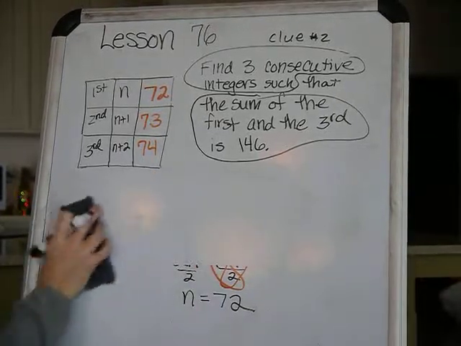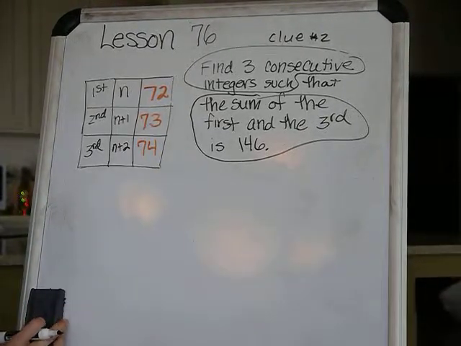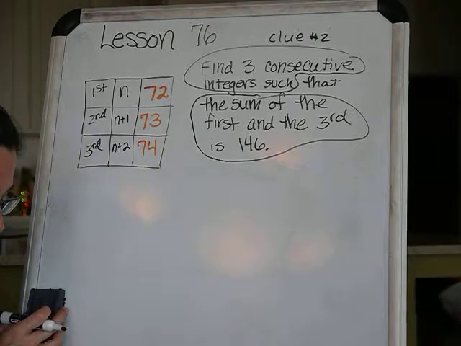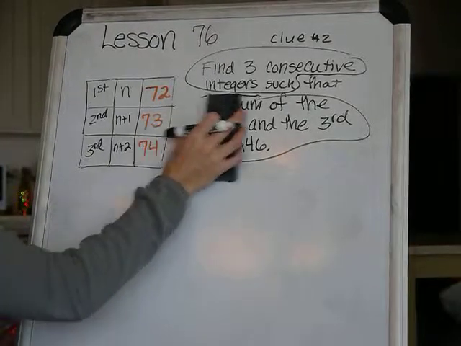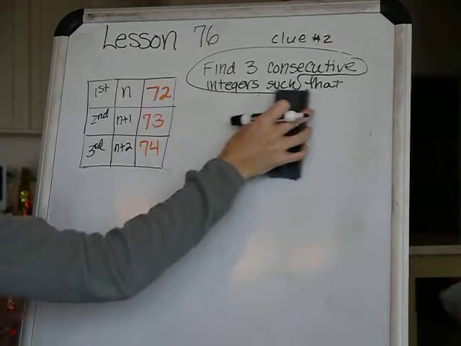All right. So we're going to do something very similar to that. Find 3 consecutive integers such that, so again, we have the same first clue, don't we?